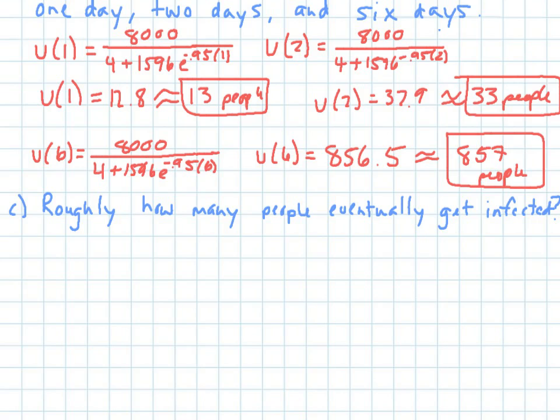And then it kind of just tops off at that point. So you would say 2,000 people.